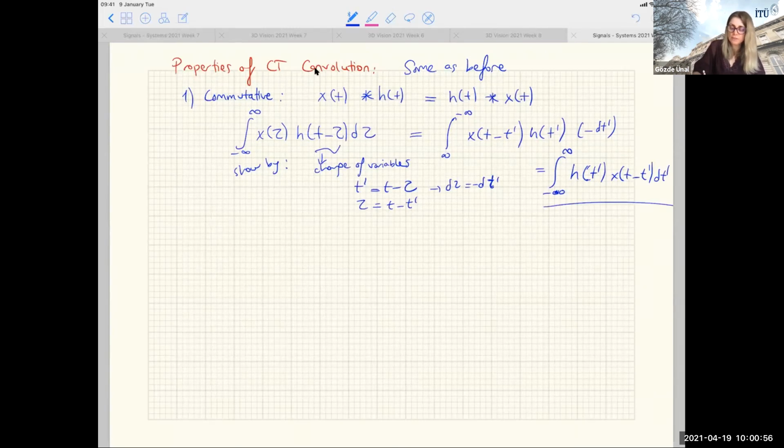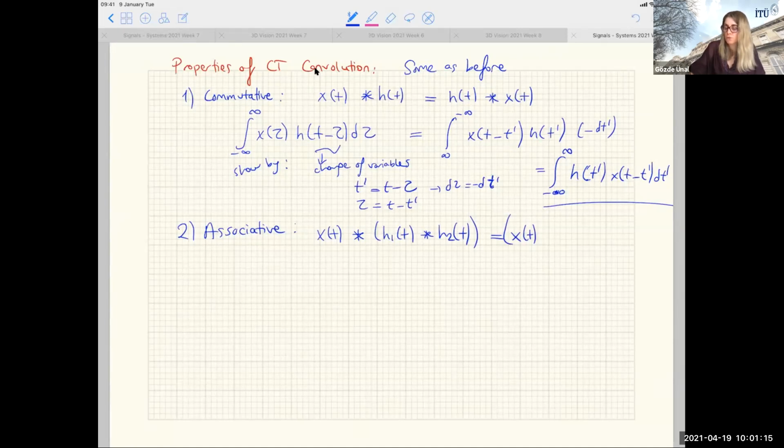The associativity is also easy, but now you have multiple integrals. Associative property: x of t convolved with, for instance, h1 of t convolved with h2 of t. I just need 3 signals. That's why I took this. And then now I know the order of the convolution can change.